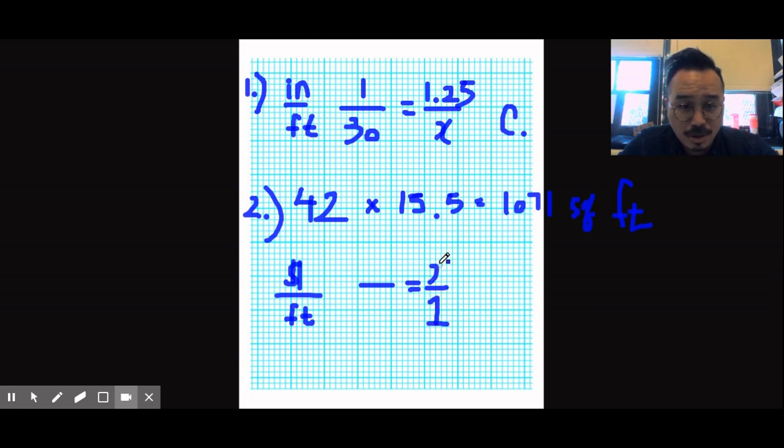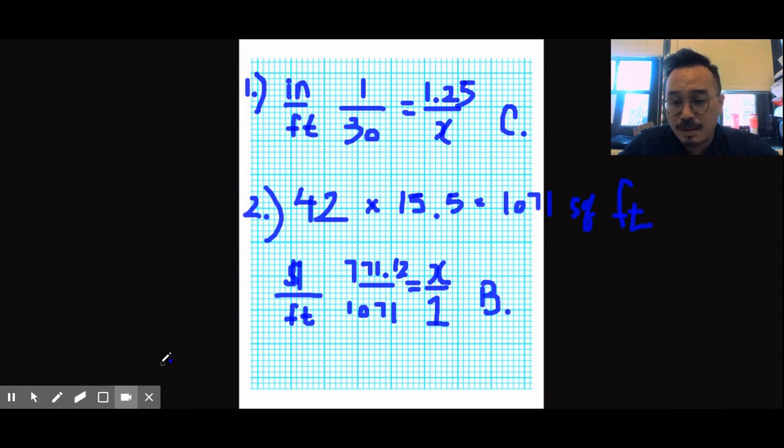So how much per 1 foot? If 1,071 feet costs how much? What does the question say? 771.12. Now remember, you're allowed the use of a calculator. So that means essentially dividing dollars by the feet. With that said, you should get B, 72 cents.